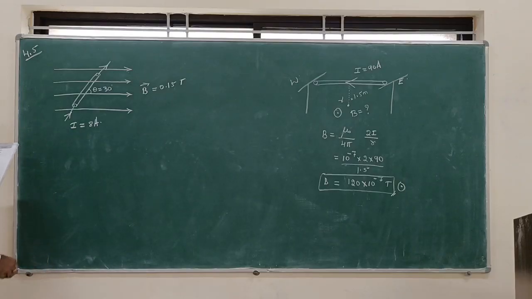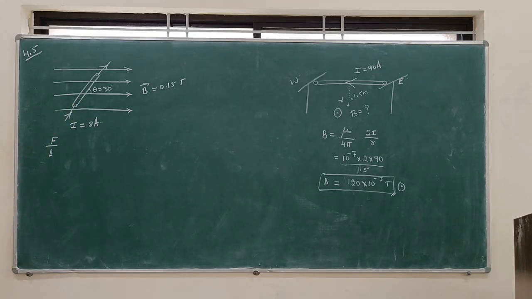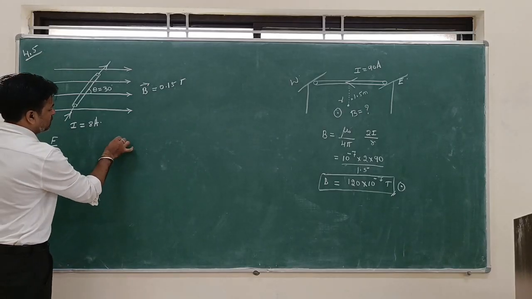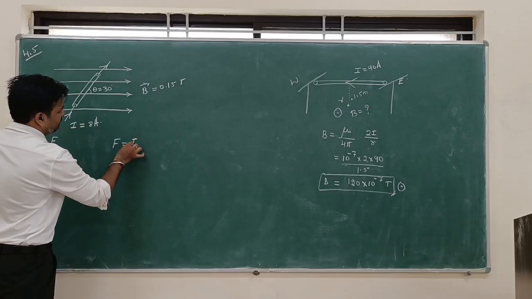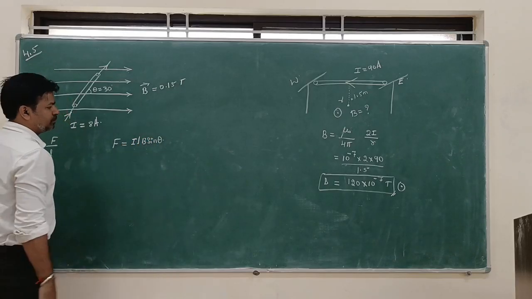How to calculate the magnitude of the force per unit length? We have to calculate a force per unit length of this wire inside this uniform magnetic field. When we place a current carrying conductor inside the uniform magnetic field, it experiences the magnetic force, and the expression of that magnetic force is F is equal to I L B sin theta.